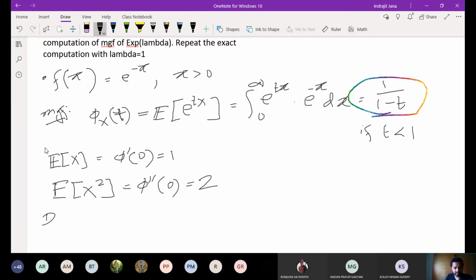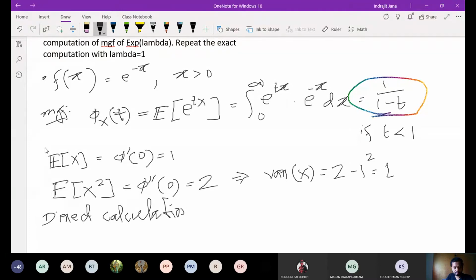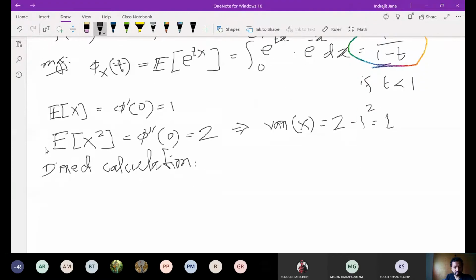By the way, this would imply that the variance of X is going to be 2 minus 1 squared, which is 1. And if you do the direct calculation, then you would see that the expectation of X is going to be the integration of x against the PDF, which is e to the power negative x, dx.